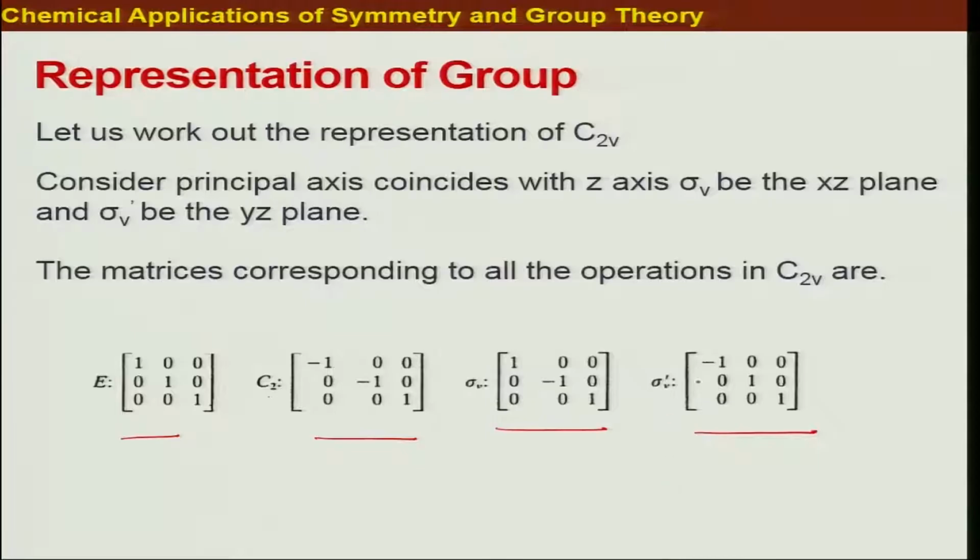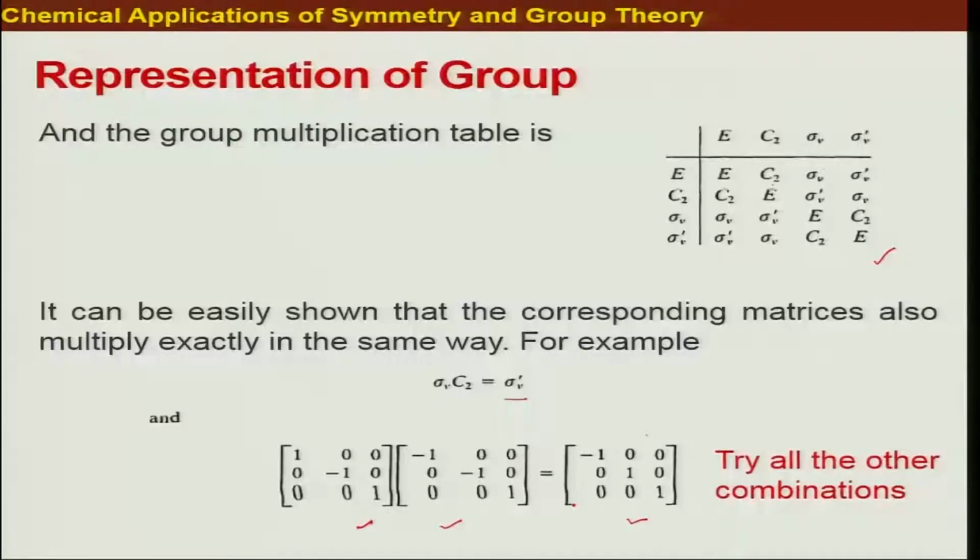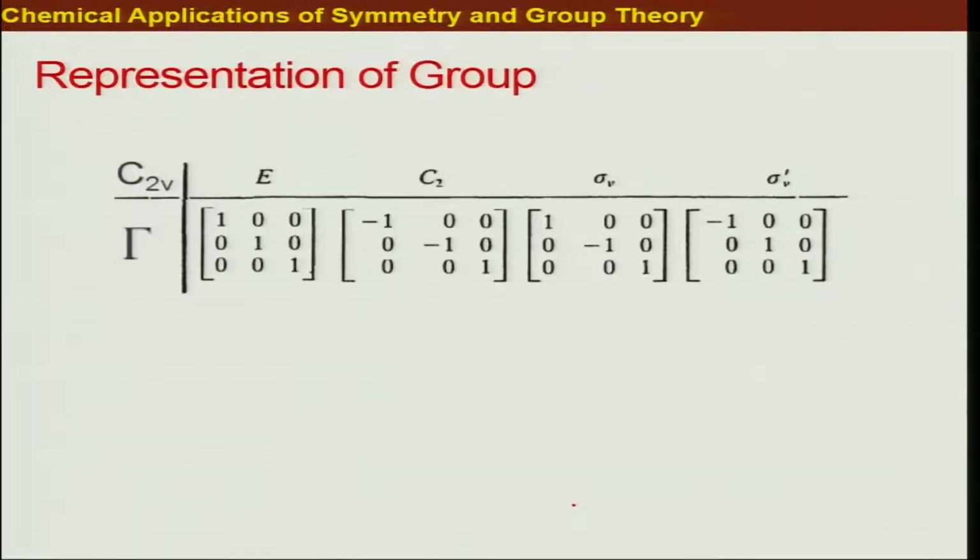You can find that this matrix is exactly the same as what we get here. So we can see the law of this combination holds exactly the same way as the symmetry operations would follow. So what you can do, you can try out all other combinations and verify whatever we just said.